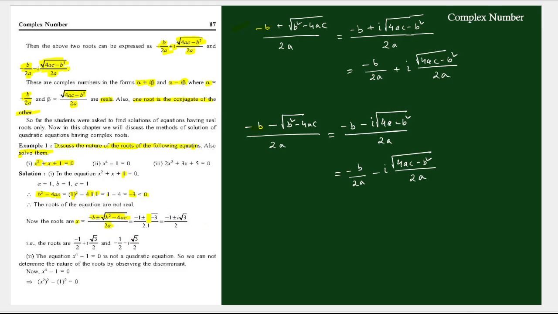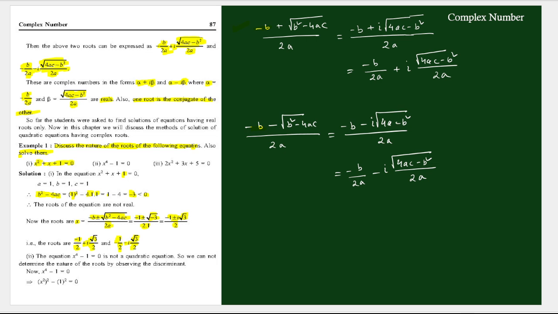So b square minus 4ac is minus 3, so root of minus 1 is what, i, so we can write i root 3, plus minus i root 3. So now the roots are minus 1 by 2 plus root 3 by 2 i, and the other is minus 1 by 2 minus i root 3 by 2. Clear?